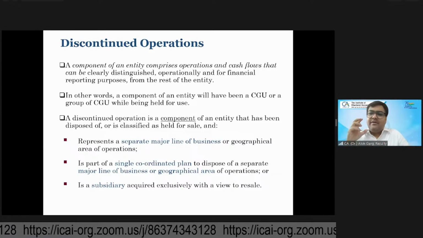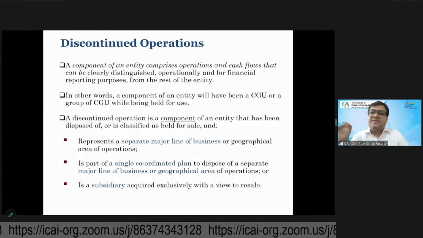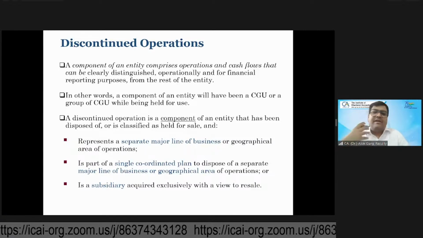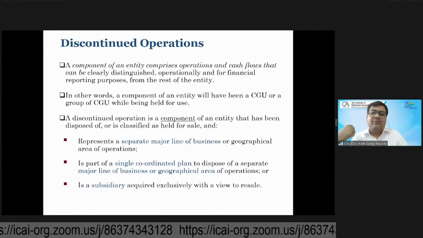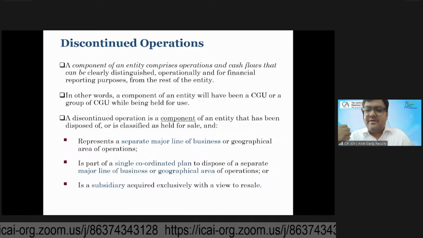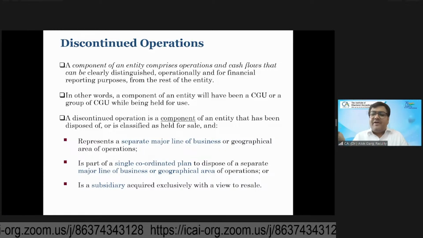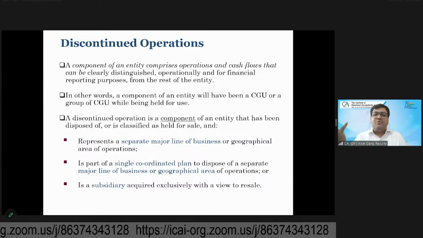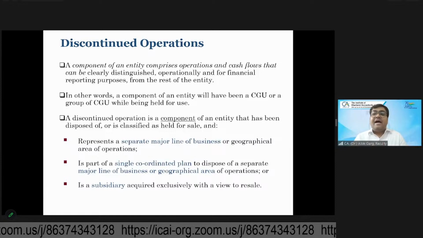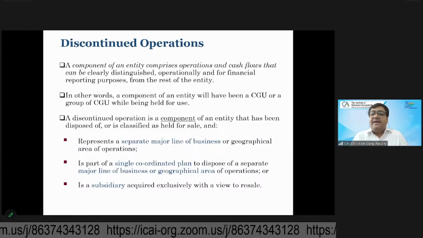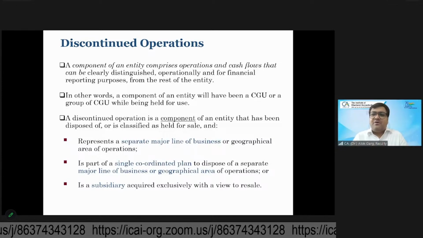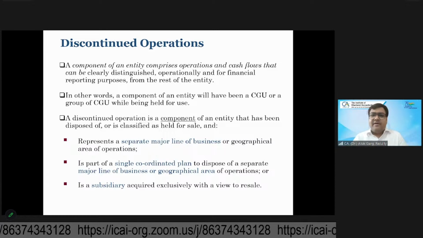So friends, if I talk about my Gurgaon operations and my Delhi operations, tomorrow I have decided to discontinue my Delhi operation, my Delhi business. My students are different, my customers are different. I mean to say students are different, my subject is different. I can identify my revenue, my cost, because the staff is different. Correct?